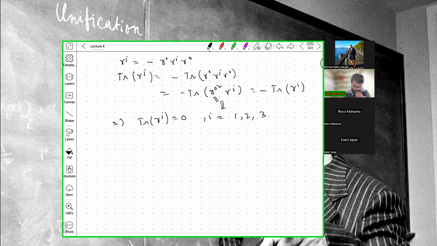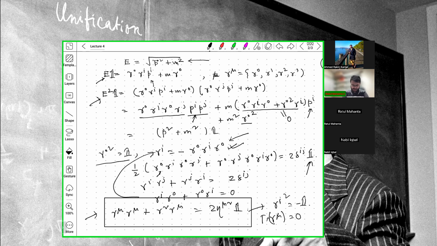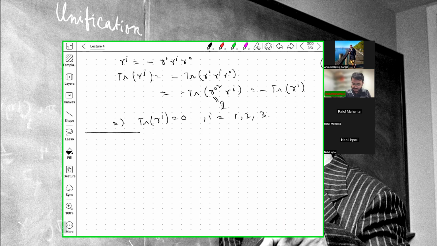I should add more properties, which are not encoded in this boxed relation. By the way, at this stage I will also define an anticommutator between gamma mu and gamma nu. Unlike the commutator between matrices, it comes with a plus in between the terms. This is a notation I will sometimes use.